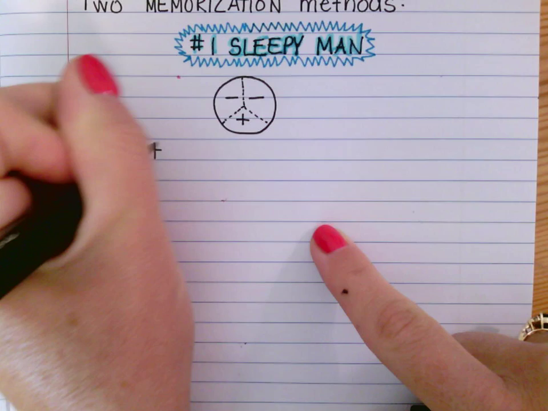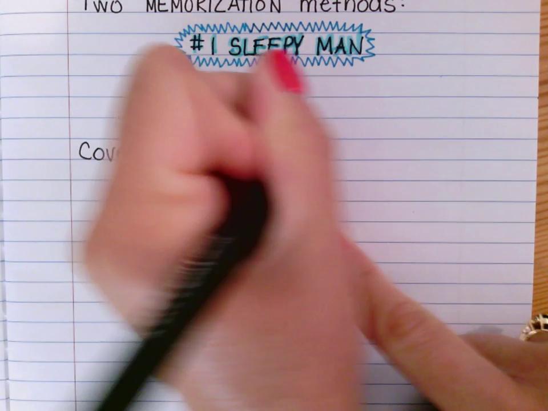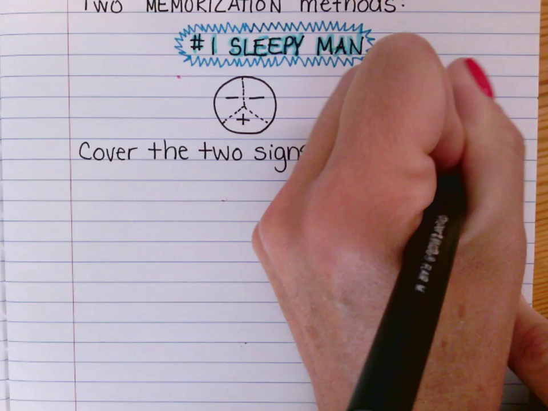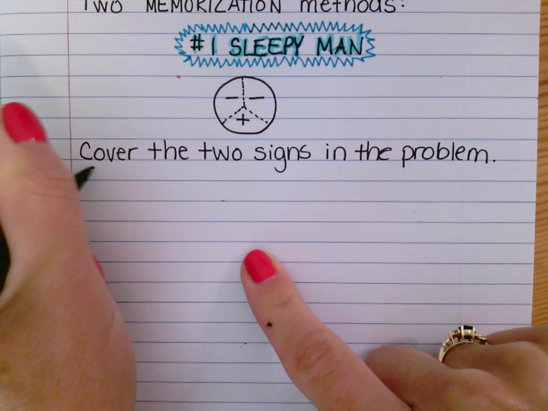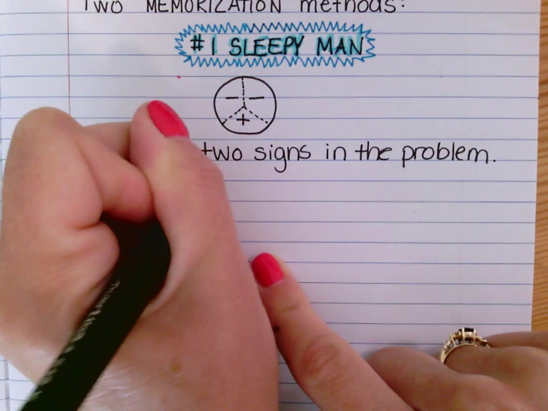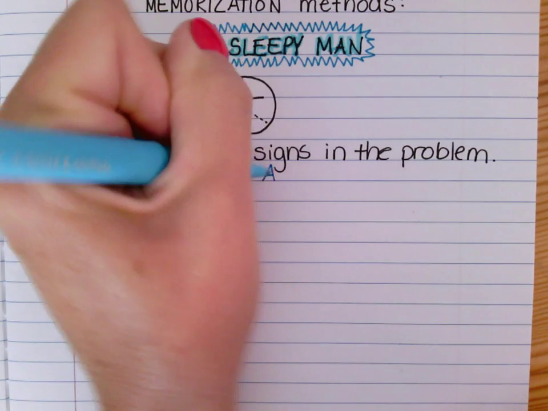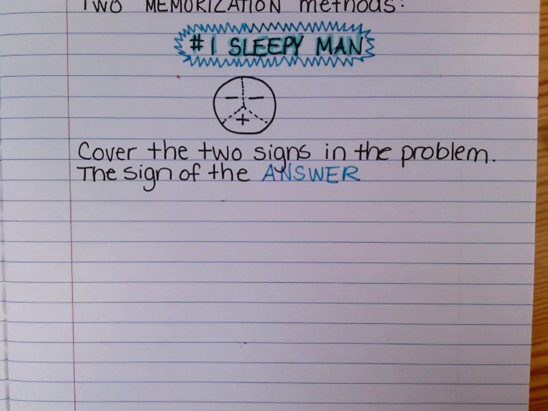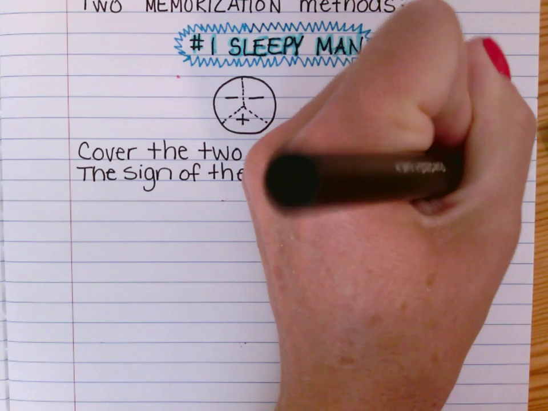So cover the 2 signs in the problem, and the sign of the answer is what is not covered up.